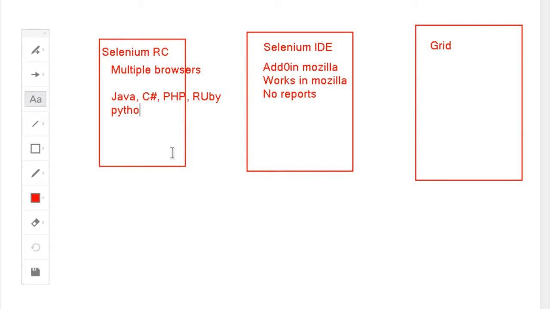Any one of these languages was learned by the developer to actually work on Selenium RC. Although the results were very nice, the reports used to get generated, you used to parameterize the test cases, that means read the data from Excel files and all that stuff used to be there.